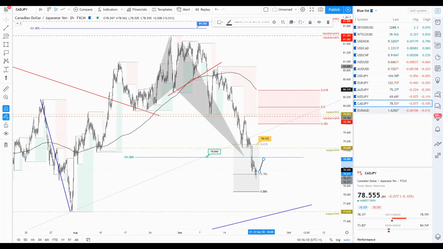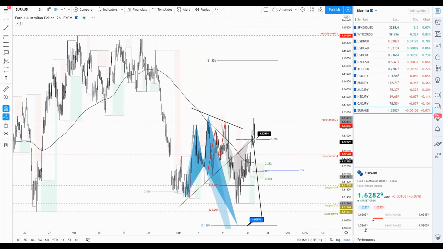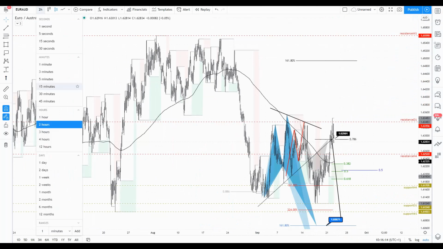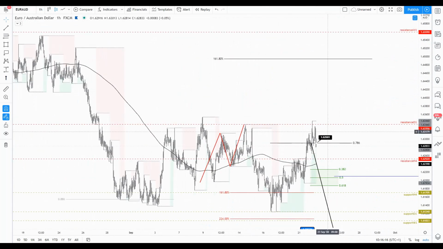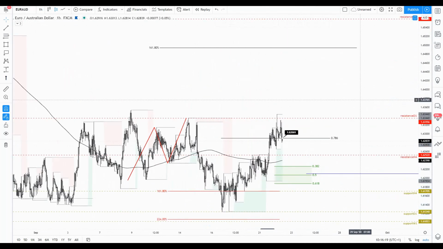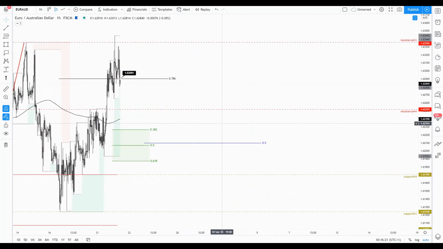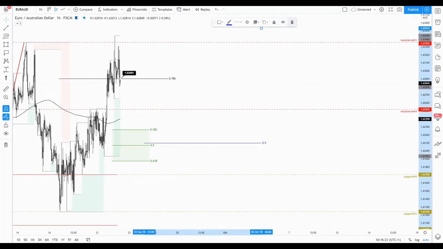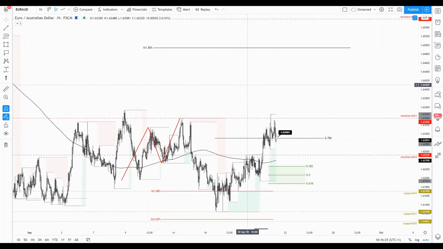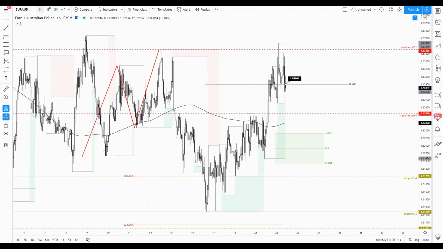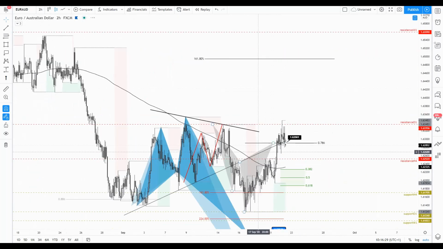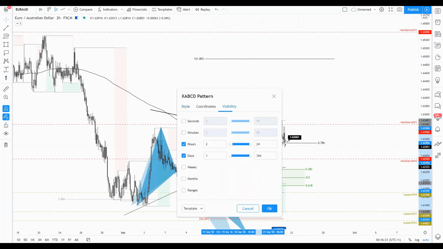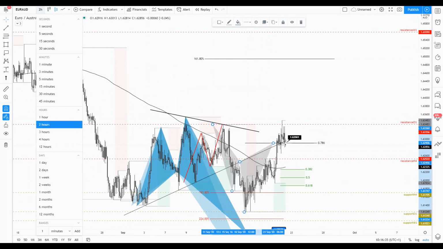And to finish with the euro versus Australian dollar, I shared yesterday that bearish cipher pattern. I need that pattern here, but I need to change the visibility for that.